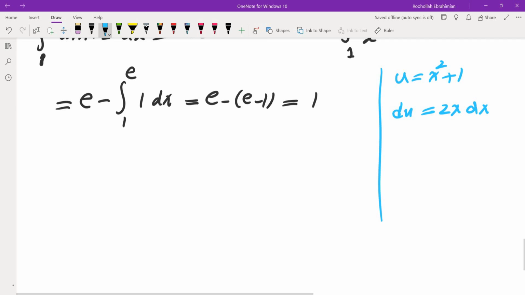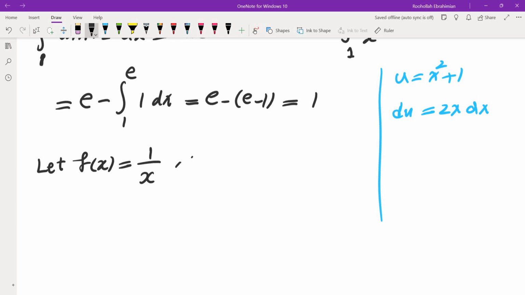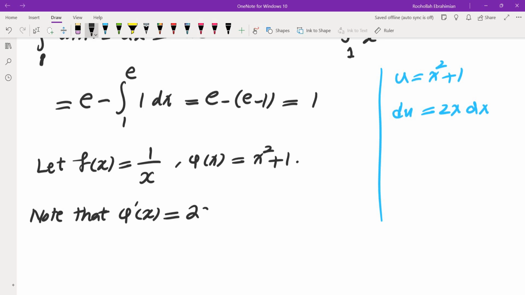So we're going to look at this. Let f of x be the function that we have, 1 over x, and phi of x be x squared plus 1. Note that phi prime of x, which is equal to 2x, is continuous over the entire real line.